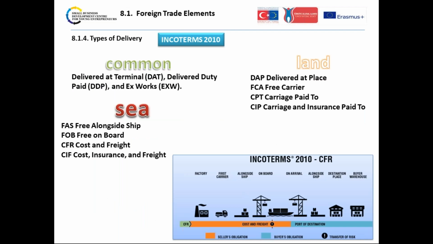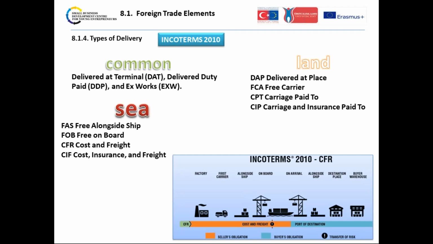Another important thing in export is types of delivery. I want to tell you this first about Incoterms 2010. Incoterms is a kind of association, kind of chamber in the world that all countries belong to, and they put it together many years ago.